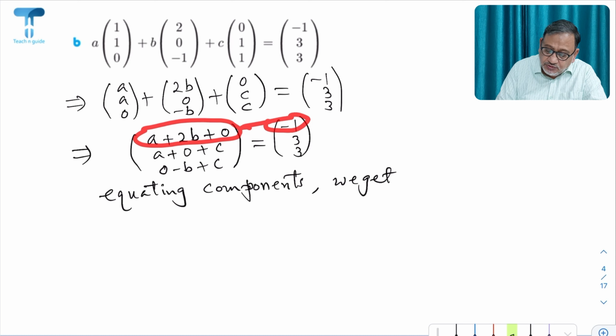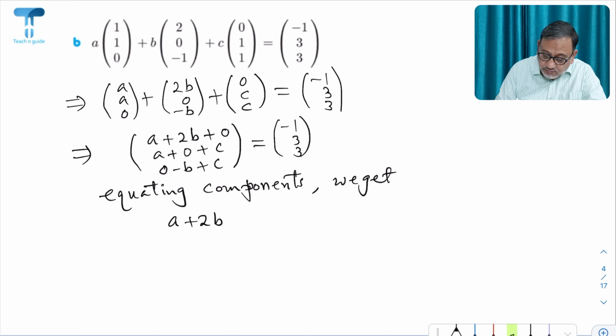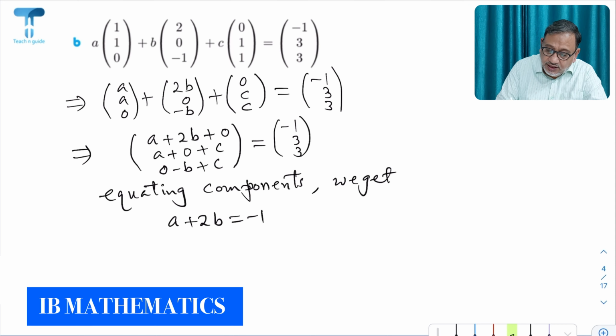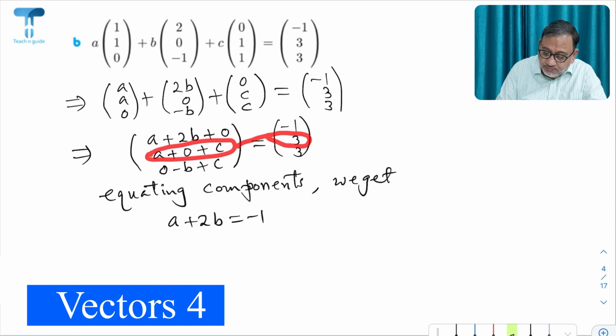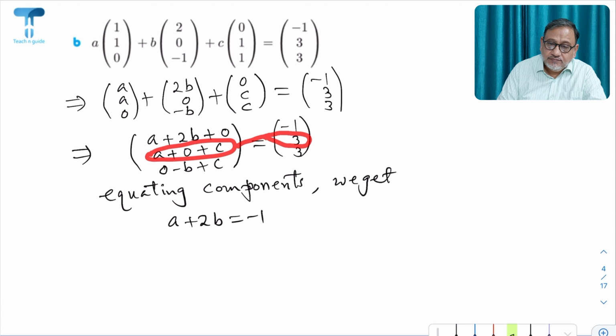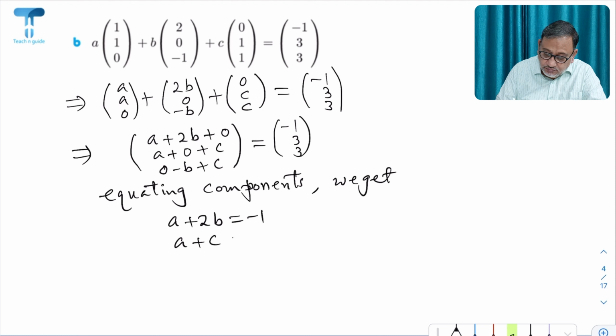So A plus 2B is equal to minus 1. Then the middle one, y component, is equal to the y component. So A plus C is equal to 3, right? And the third component, minus B plus C, is equal to 3, right?